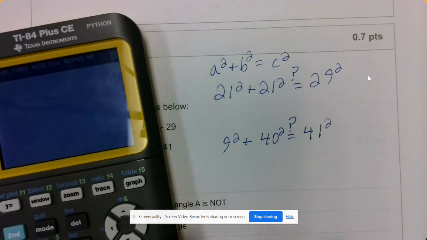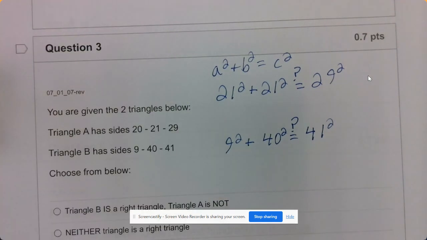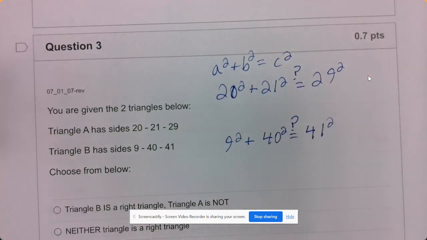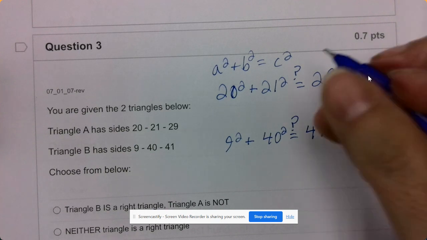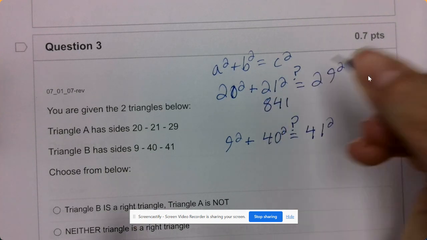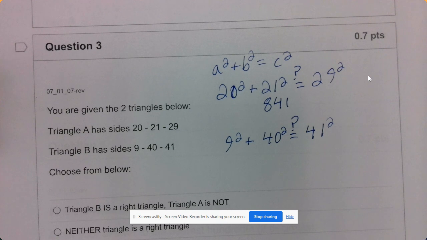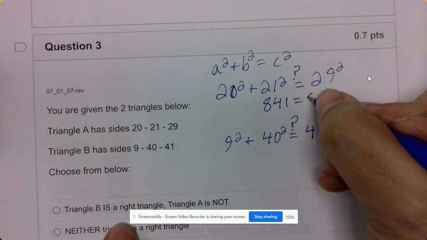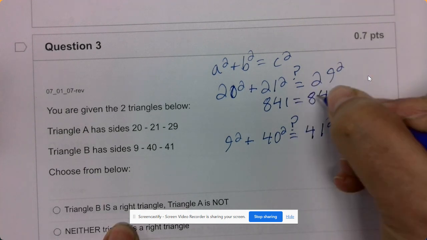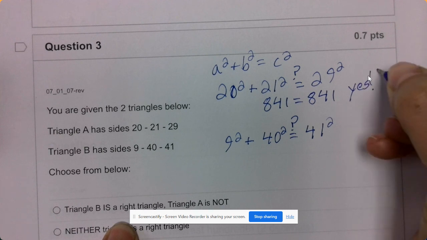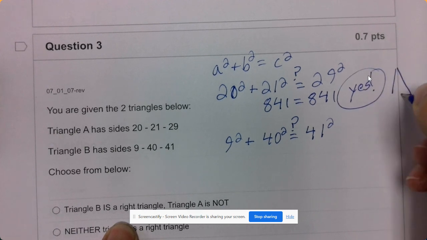So 21 squared plus 20 squared. I got 841. 29 squared is 841. So this one is a yes. It is a right triangle.